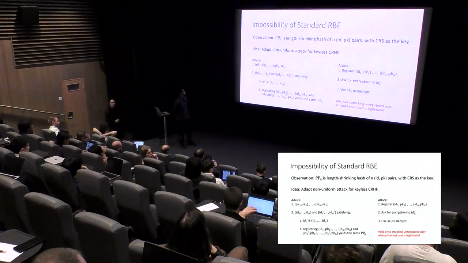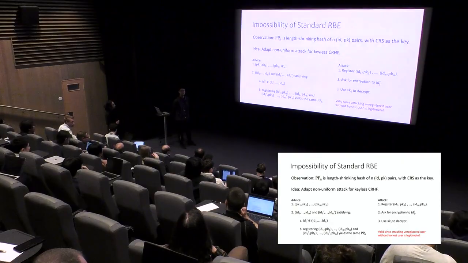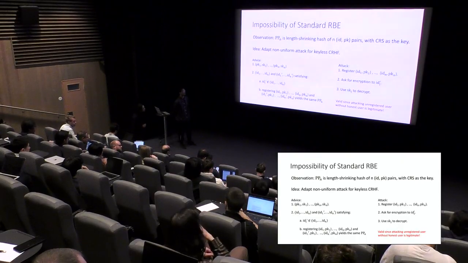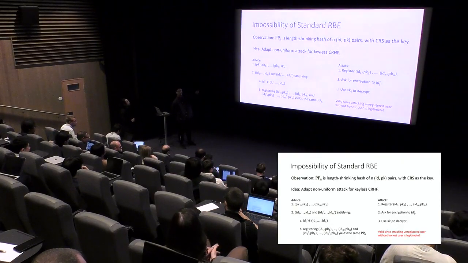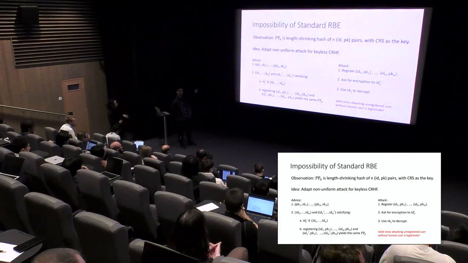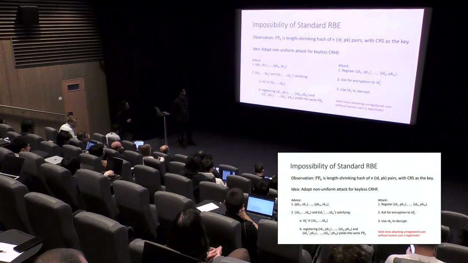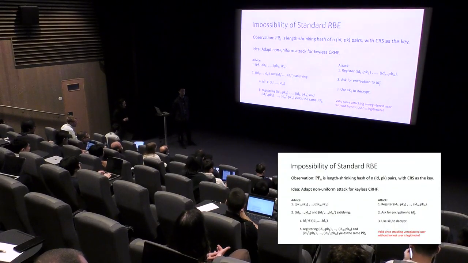Yes. Well, first of all, the public parameter is length shrinking, and it's computed using the CRS. So you can view the CRS as the key for this hash function, right? And then you basically just mimic the non-uniform attack for keyless collision-resistant hash functions.